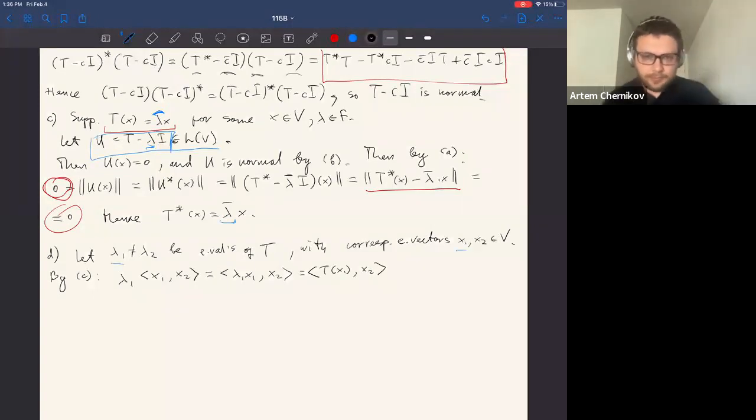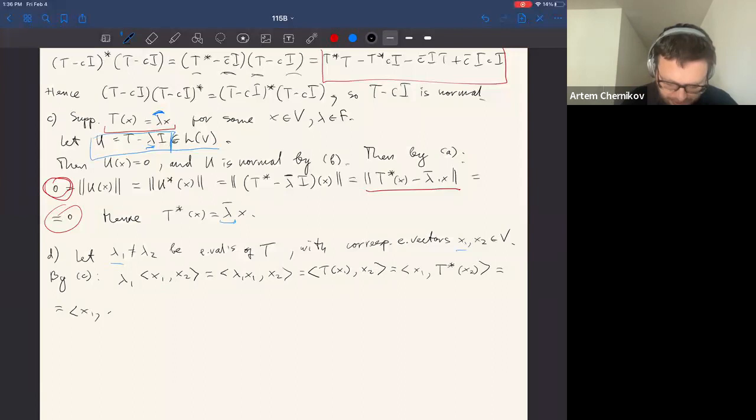So we get this. Now, using the property of the adjoint operator, this is the same as x1 inner product with T star of x2. But now this is equal to x1 inner product with lambda 2 bar x2. This is where I'm using C, because we started with assuming that x2 was an eigenvector for T corresponding to lambda 2.